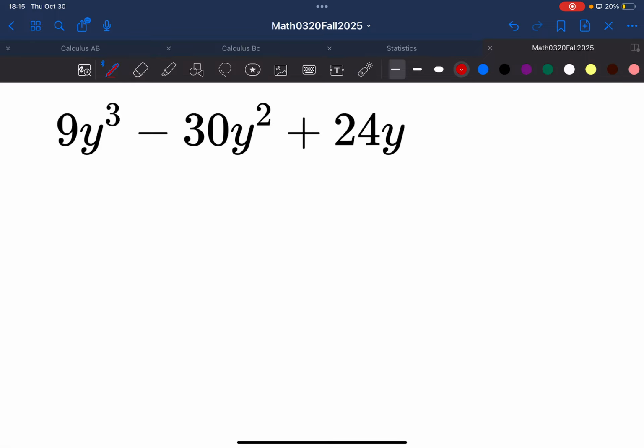Does the GCF have to include a number, or could it just be a variable? It doesn't have to include a number, but this one can include a number. But it is possible to just take out a GCF of just a variable. So yes, that is possible.